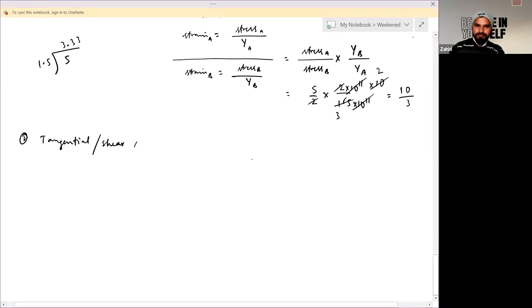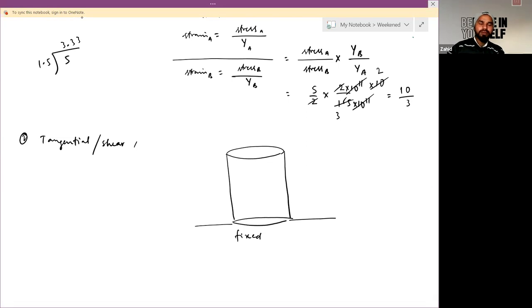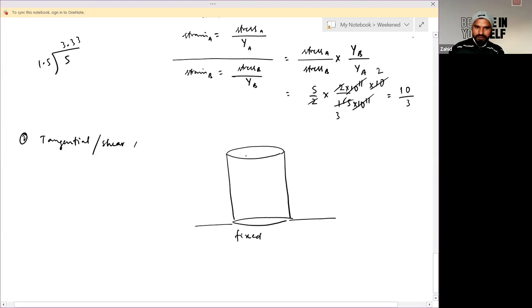Suppose you have a cylindrical body whose base is fixed. So if you apply a force to this particular surface to deform its configuration, let's say it will move or tilt along this direction.